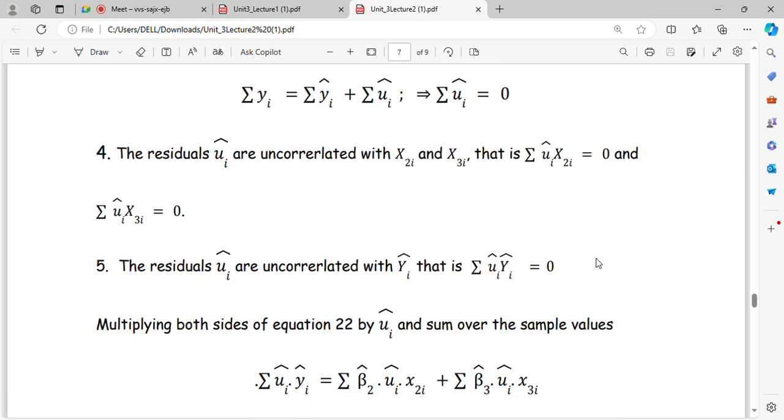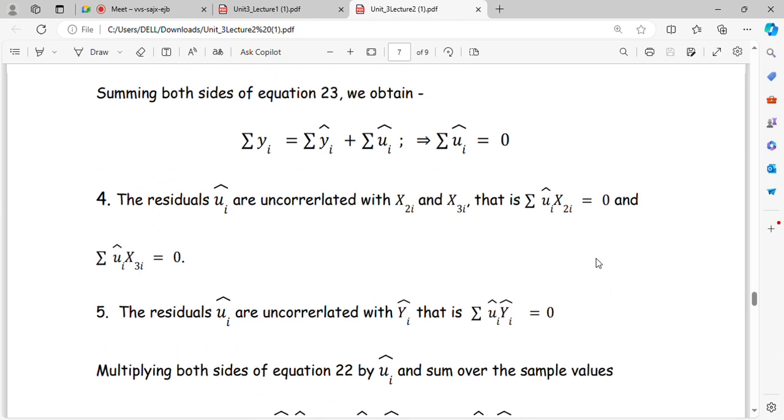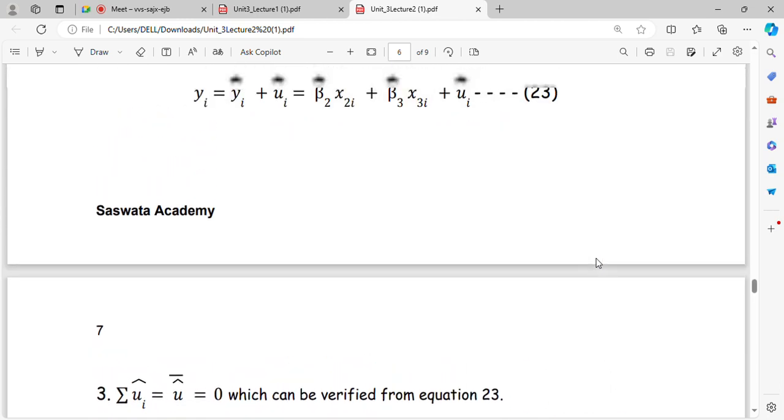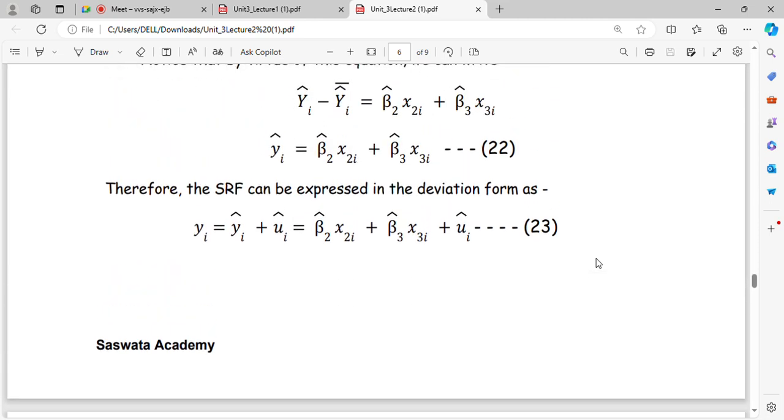Similarly, we can also prove that the residual term is also uncorrelated with yi hat. That is summation of ui hat yi hat equals 0. How we get this is from equation 22. This is my equation 22.